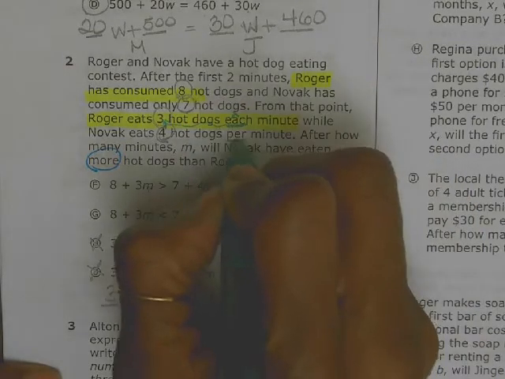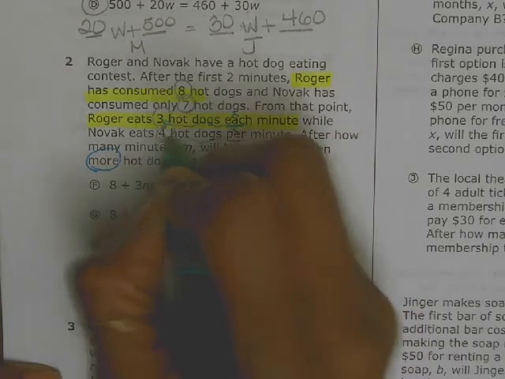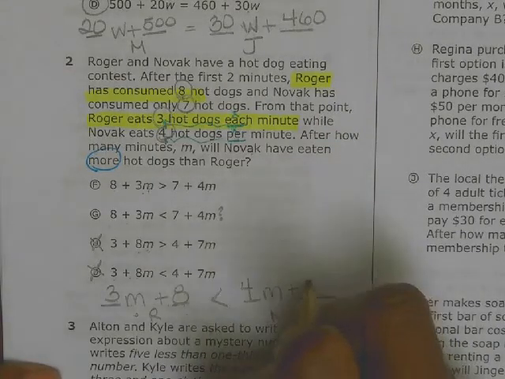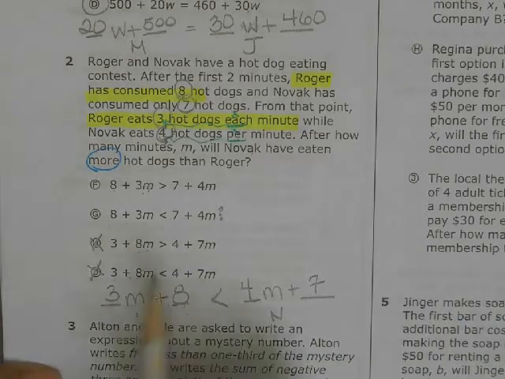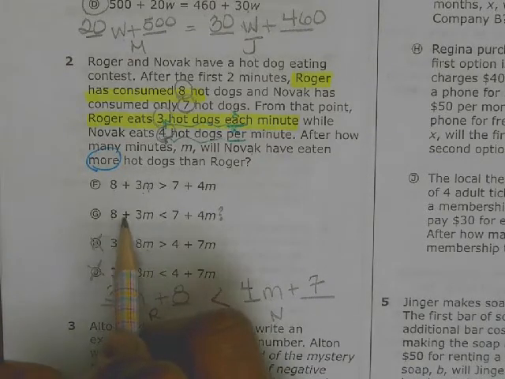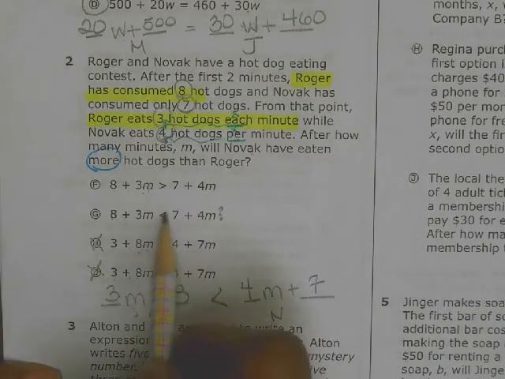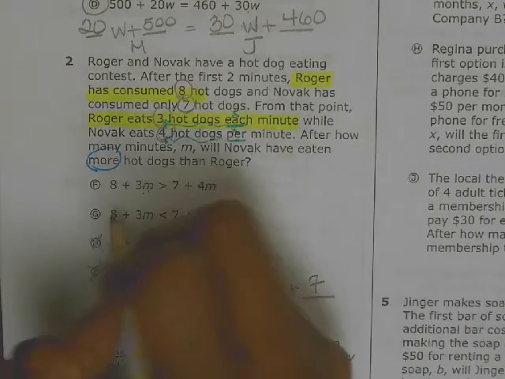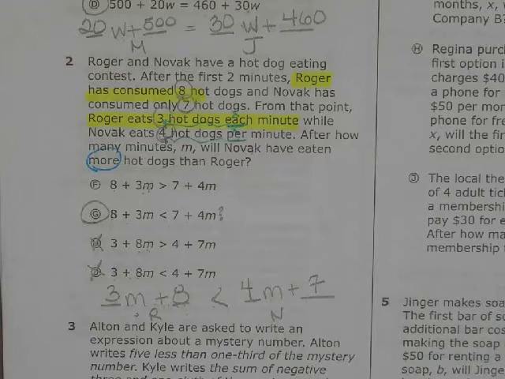Per, which means multiply. And I want to go close. So it's the 4. And he already ate that 7. So 3m plus 8 is less than 4m plus 7. 3m plus 8 is flipped around, but it's okay, is less than 4m plus 7. So yes, this one was our answer.